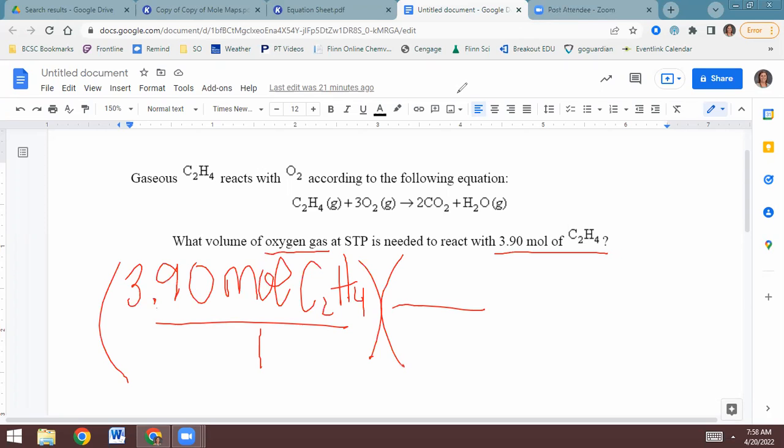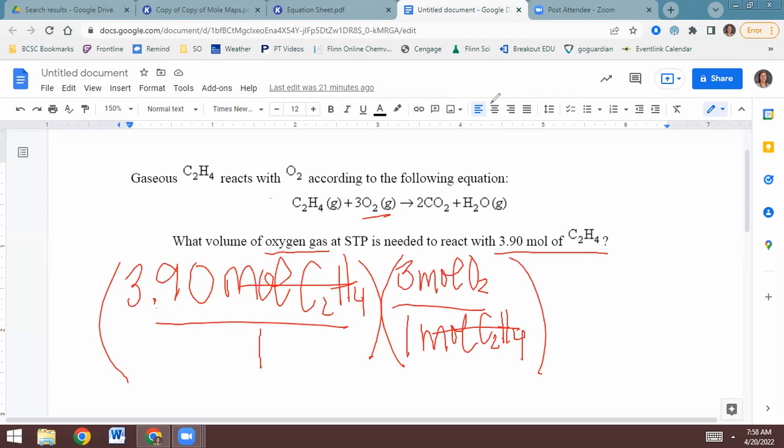It's what we want over what we have. We want to know about the O2, and there's a 3 coefficient in front of there. And we'll divide by 1 mole of the C2H4 because there's a coefficient of 1 there. And that is going to switch us to moles of the O2.